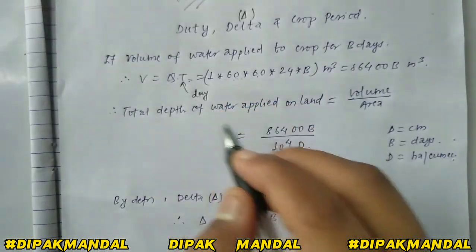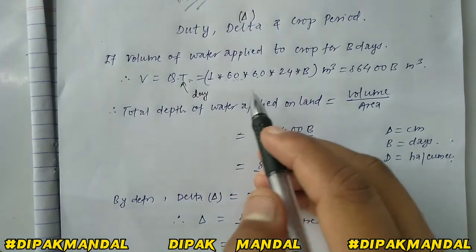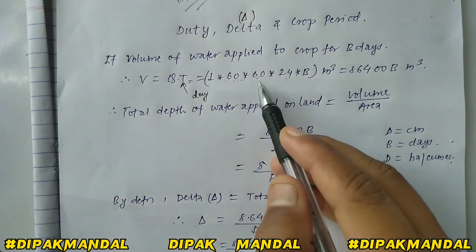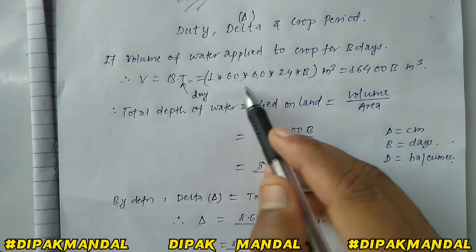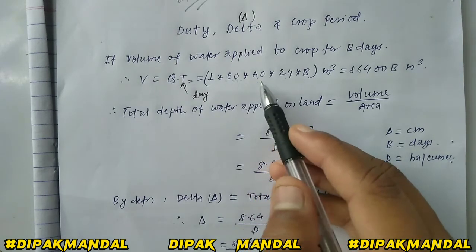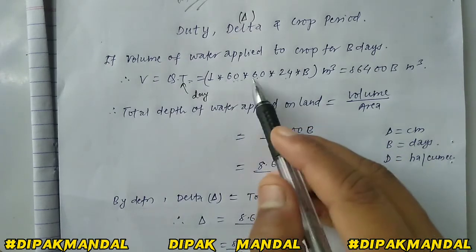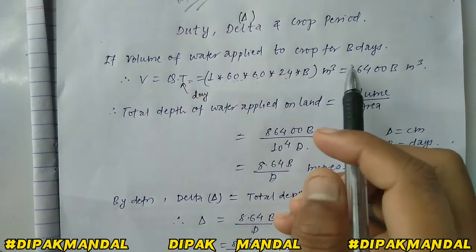Okay, for converting days into seconds, we have to multiply 24 hours into 60, then it goes into minutes, and after multiplying by 60 it will be in seconds. So we have multiplied by 60 into 60 into 24 into 1, and simply B is in days.